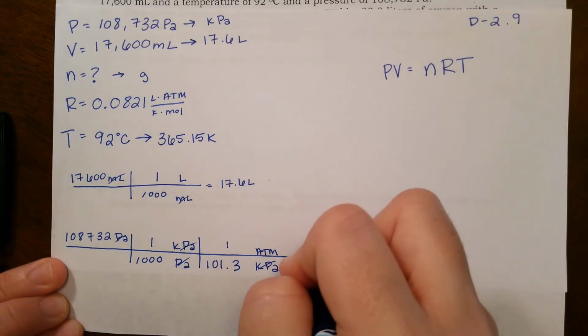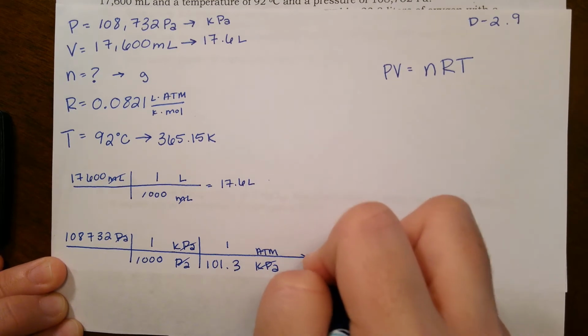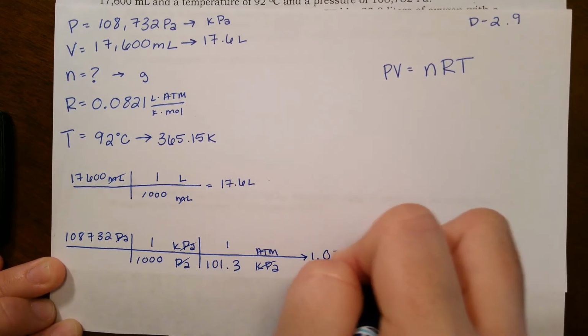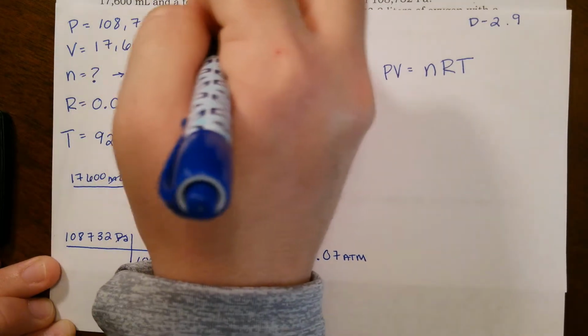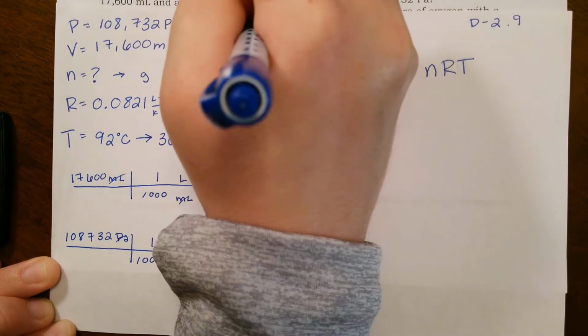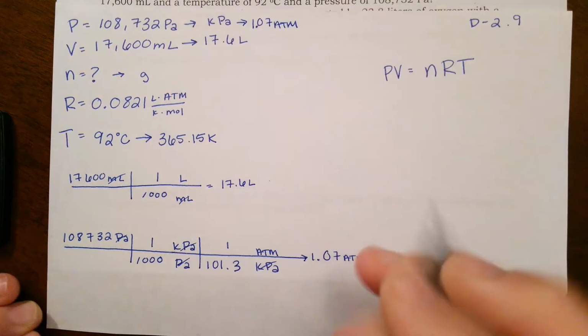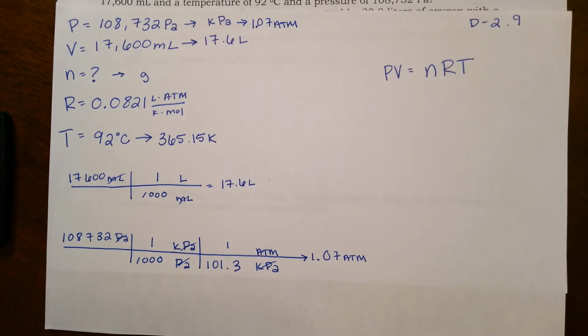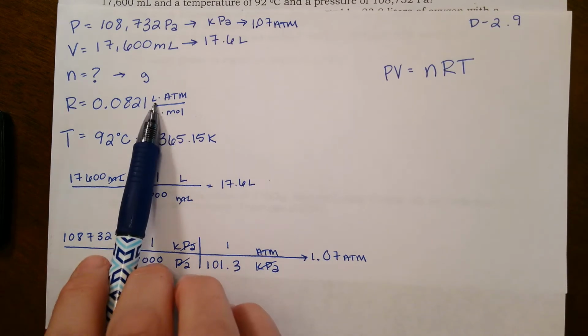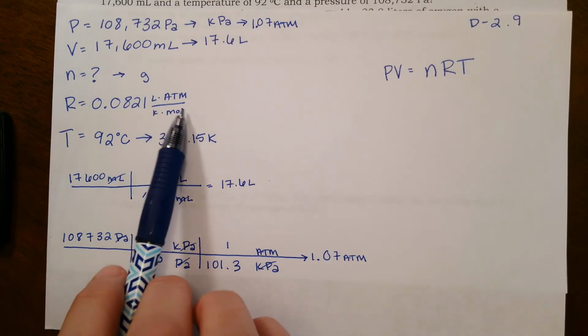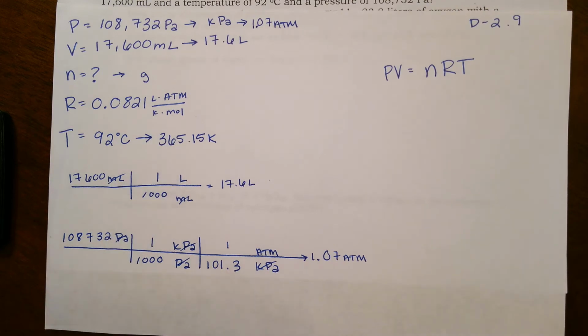And we get that this is equal to 1.07 atm. Awesome. Sweet. So now all of our units match with our gas constant. So we have liters, atm, Kelvin, and again, we're going to solve for moles and then convert it to grams.